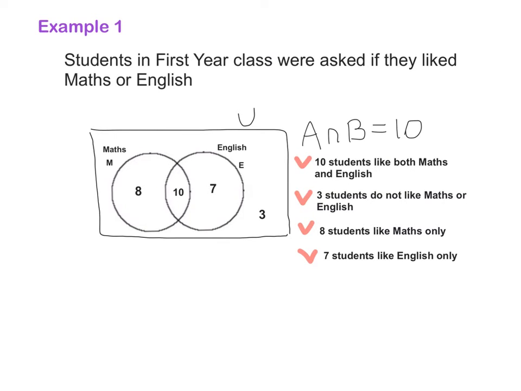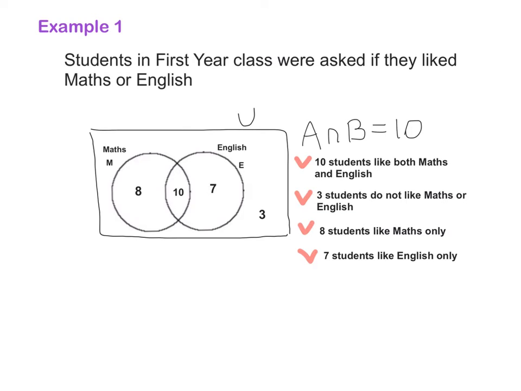We can read the Venn diagram. We know that 10 people like maths and English. 3 people don't like any of it, so they don't like English, they don't like maths. 8 students like maths only, and 7 students like English only.